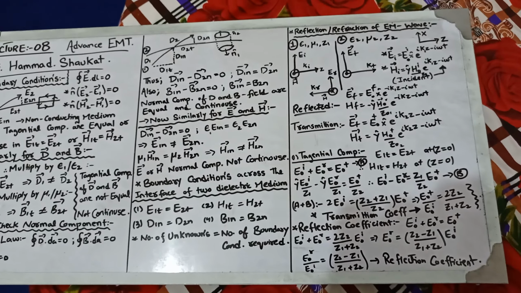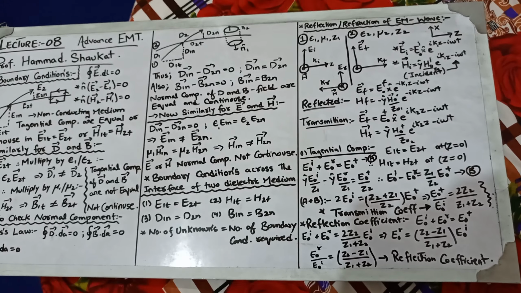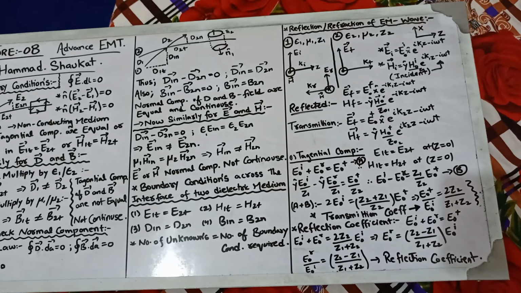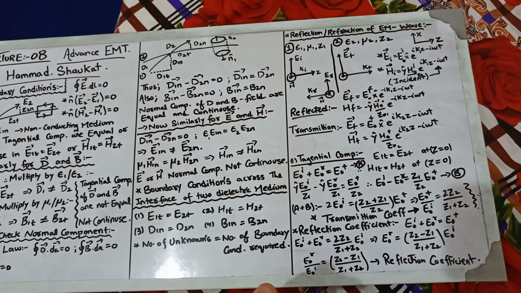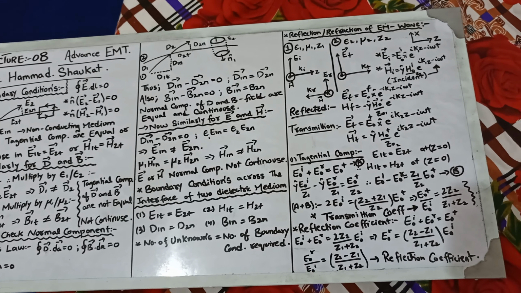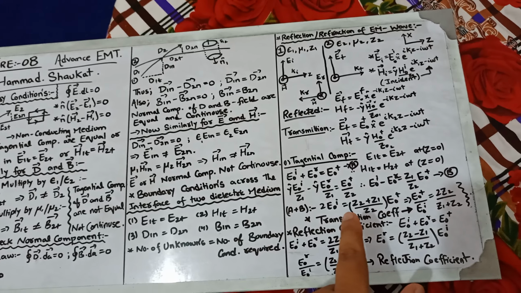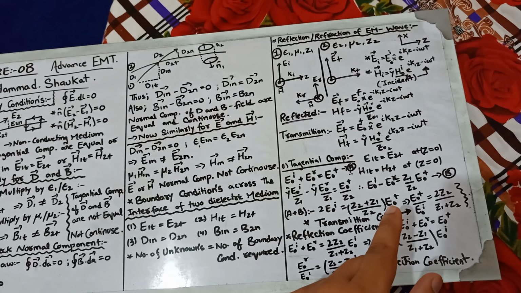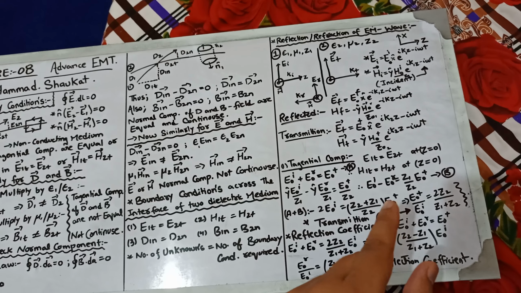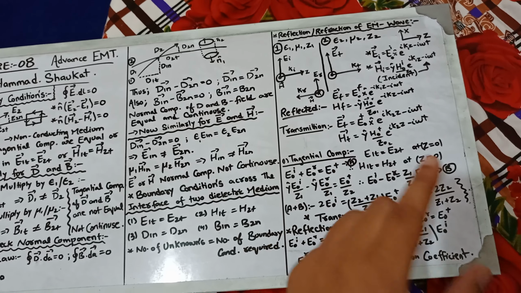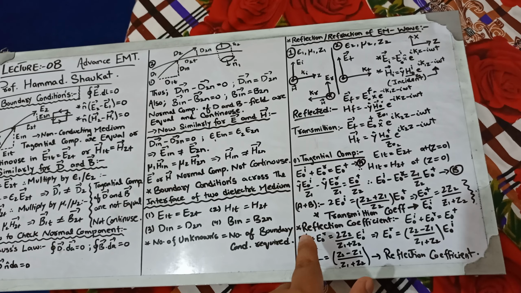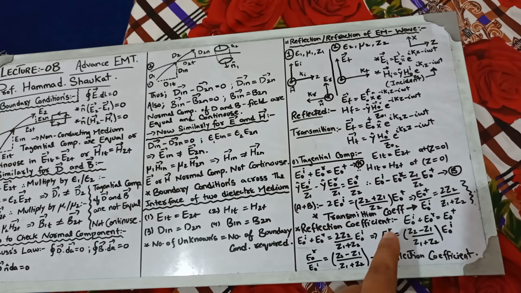Similarly, at last you have to find the reflection coefficient. To find the reflection coefficient means you have to find E_0r by E_0i. E_0i is given. Let's find E_0t from this equation and put E_0t in either A or B. This is my first equation: E_0i plus E_0r.